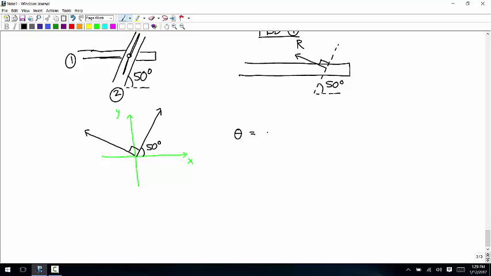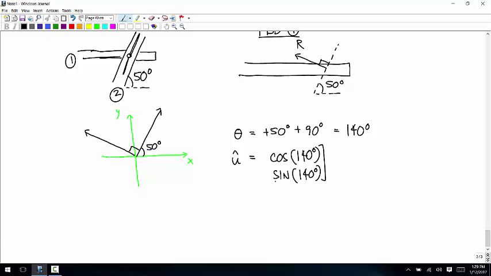So theta is equal to plus 50 plus 90, 140. And so the unit vector is cosine of 140, sine of 140, which is negative 0.766, positive 0.643.